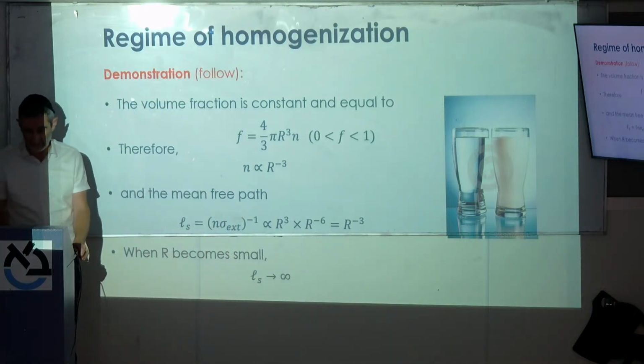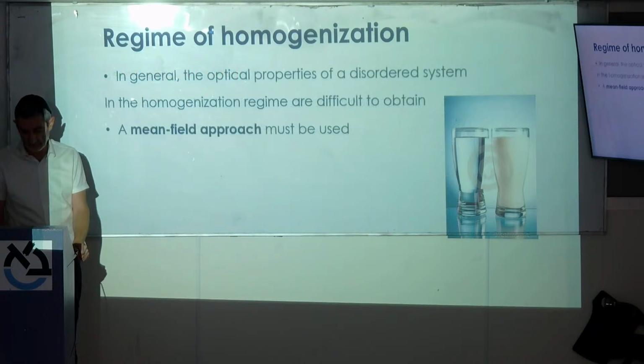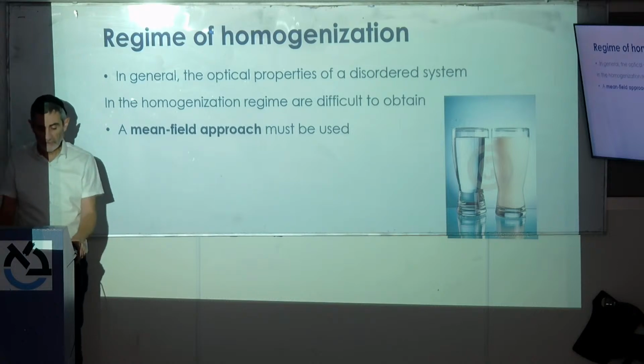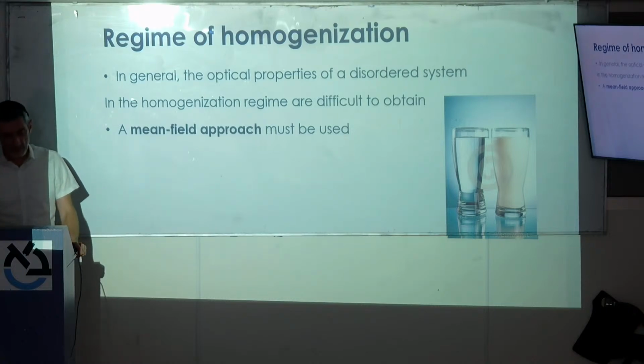So that's the first thing that I wanted to demonstrate. In general, the optical properties of this ordered system in the homogenization regime are difficult to obtain, and in general you use the mean field approach to describe the average, macroscopic property of a scattering medium.